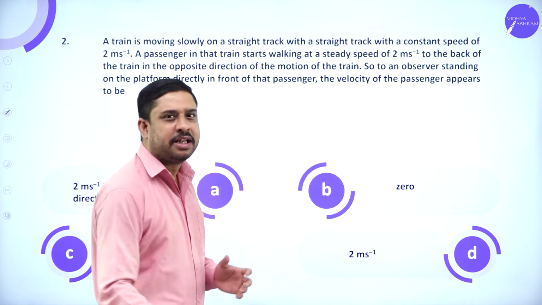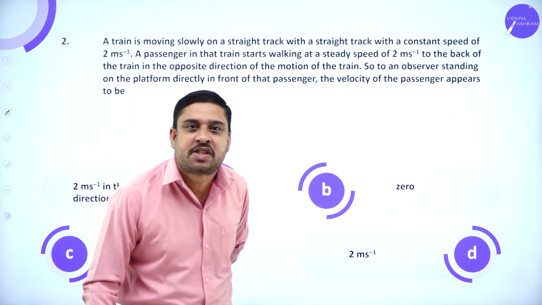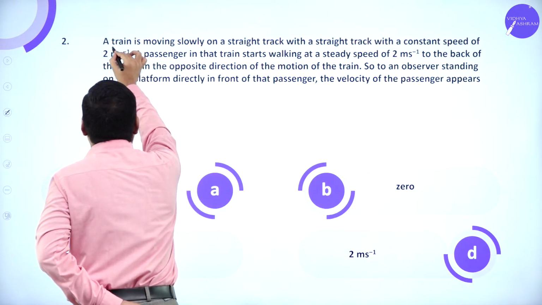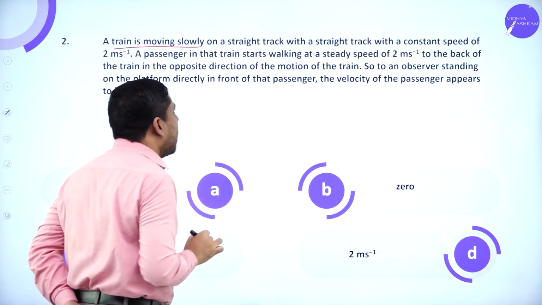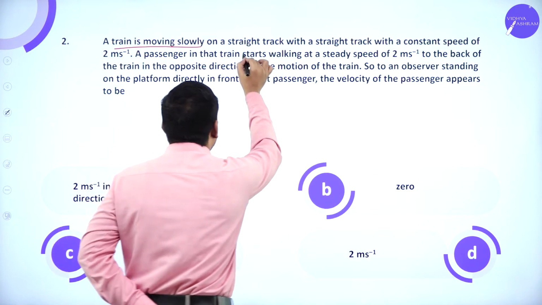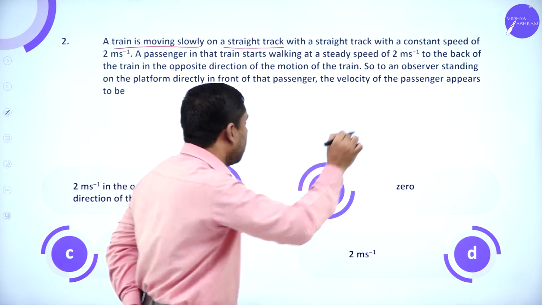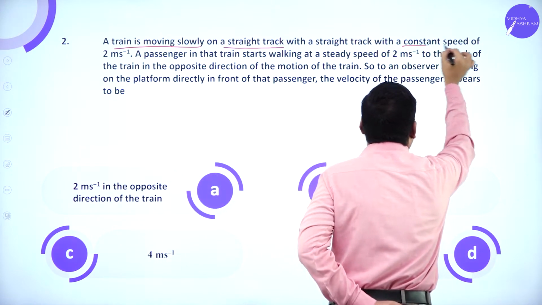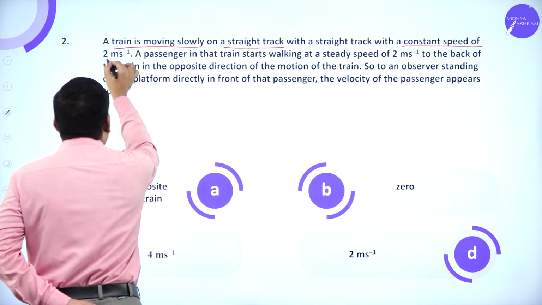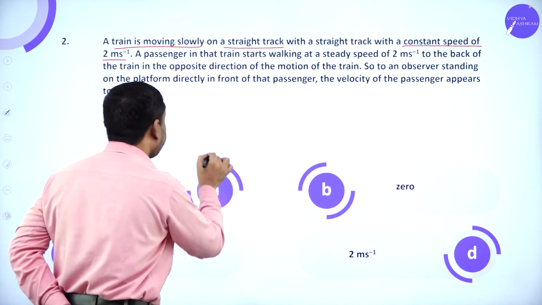A simple one. The question appears to be big, but a very simple question to understand. A train is moving slowly on a straight track at a constant speed of 2 meters per second.